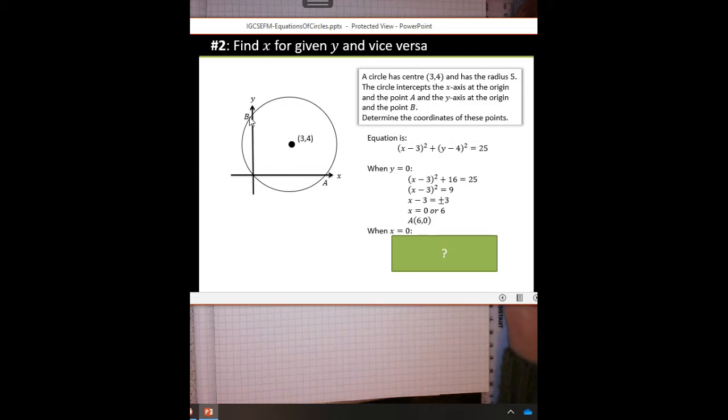The second question is sort of backwards. If I set x to 2 and y to 5, let's see what happens. Well, I end up with 20. Well, 20 is not equal to 16. So these are not a pair of values that satisfy the equation for the circle. So no, this point is not on the circle.